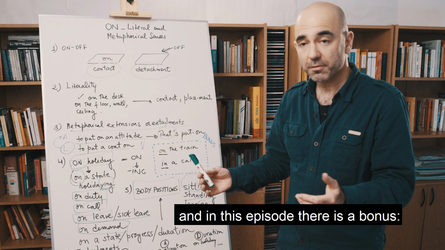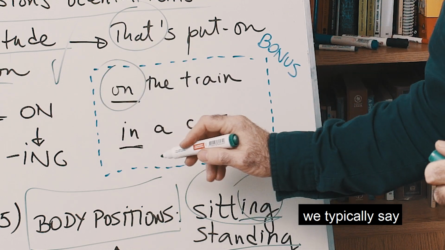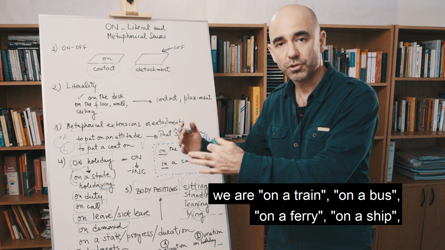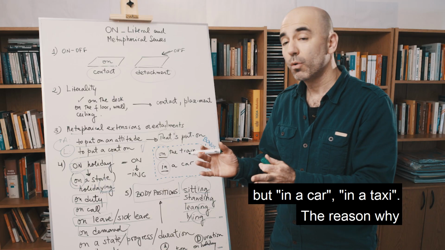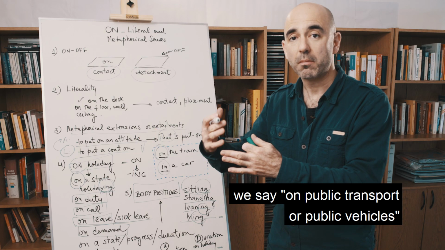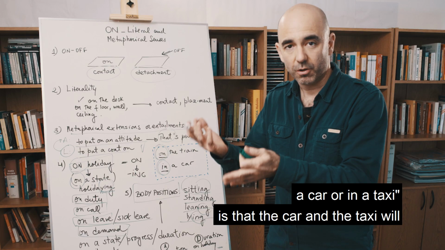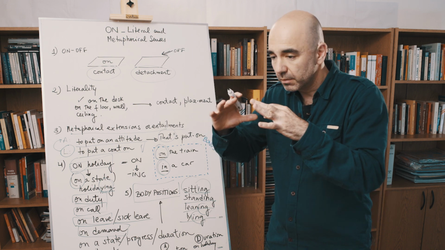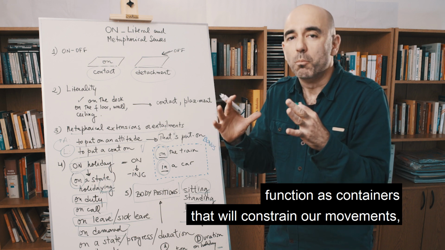And in this episode there is a bonus. We typically say we are on a train, on a bus, on a ferry, on a ship, but in a car, in a taxi. The reason why we say on public transport or public vehicles, but in a car or in a taxi, is that the car and the taxi will function as containers that will constrain our movement.